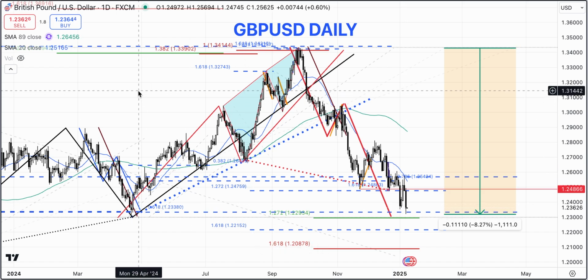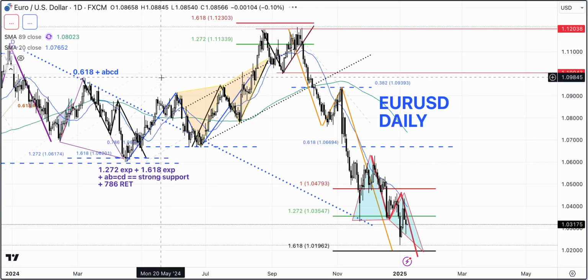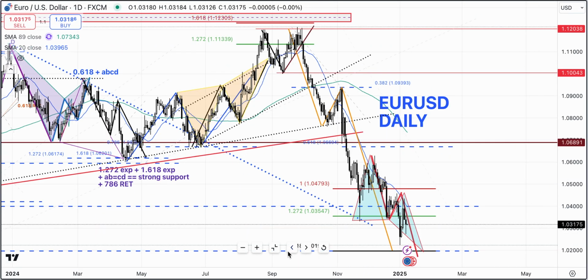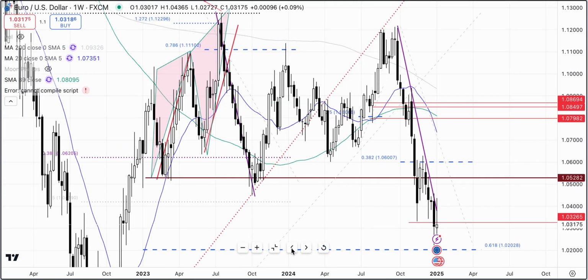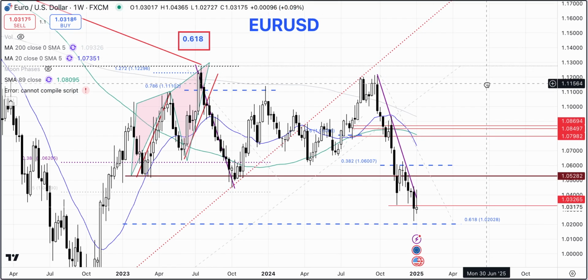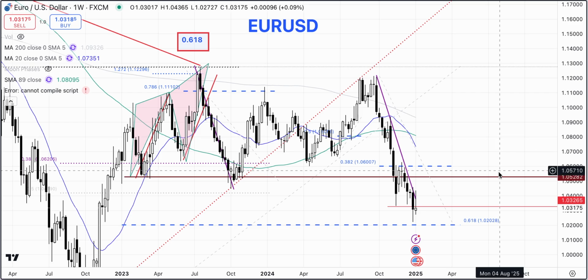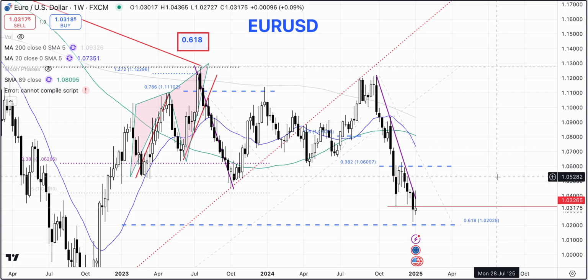Now let's go and take a look at the Euro USD. So actually, let me go back to the weekly chart. It is also very close to some really key levels. Let me tidy it up a little bit, get rid of these lines. Here we go.